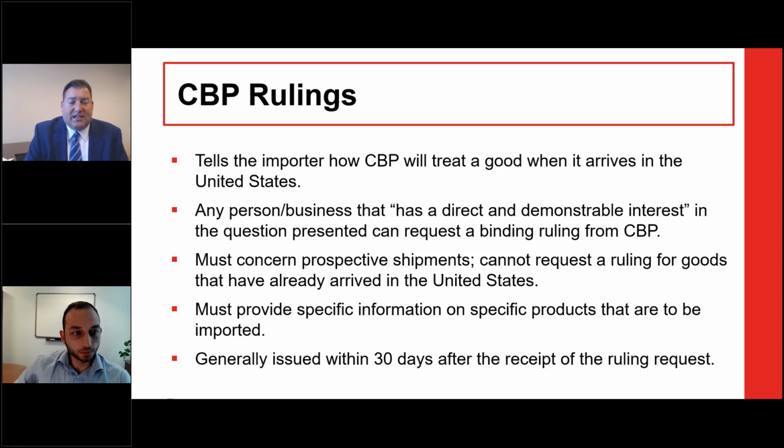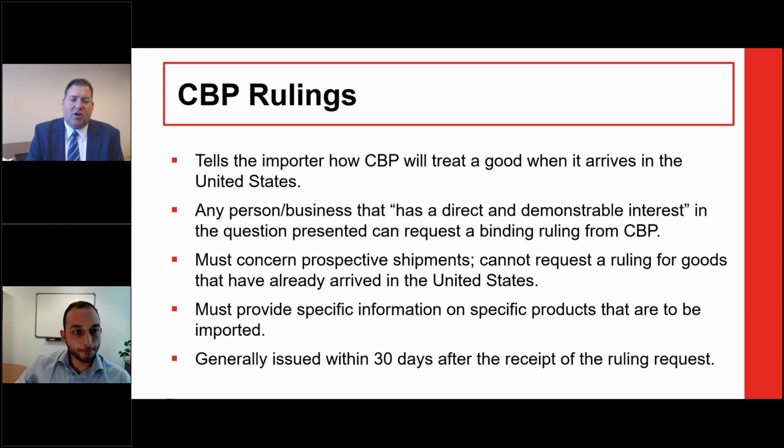And it's basically coming in and saying, this is exactly what we're intending to do. US CBP, this is what the products are. Oftentimes we not only have a description, but pictures, catalogs, links to websites, safety data sheets, etc. And here's how we think it should be classified.